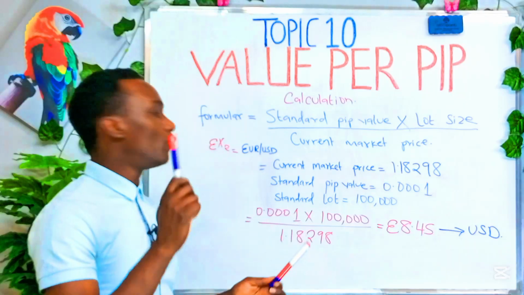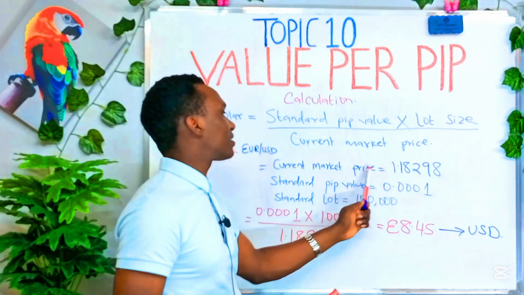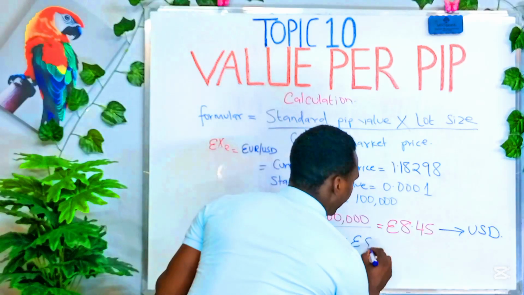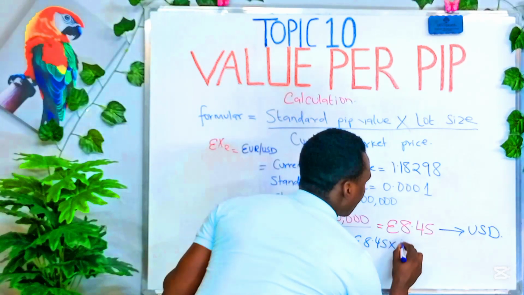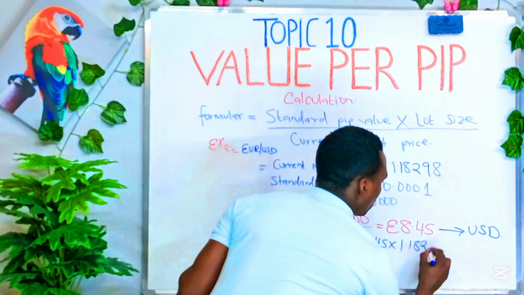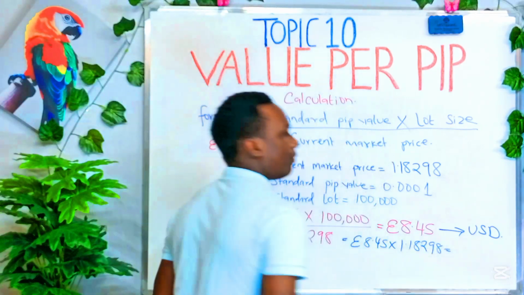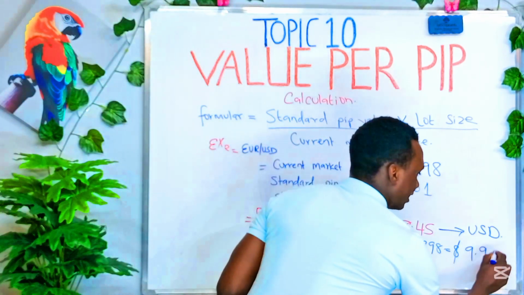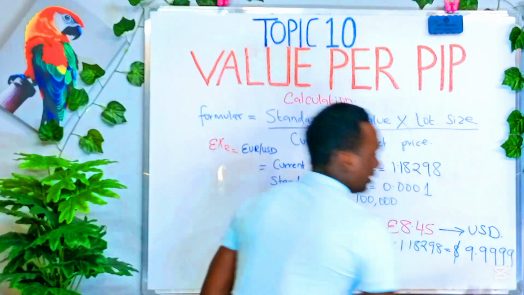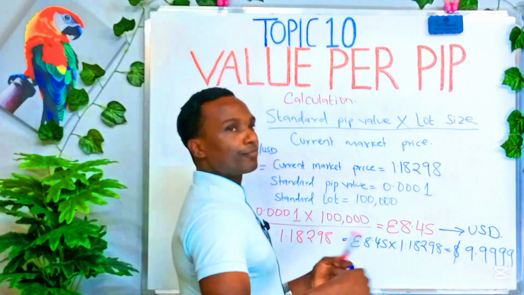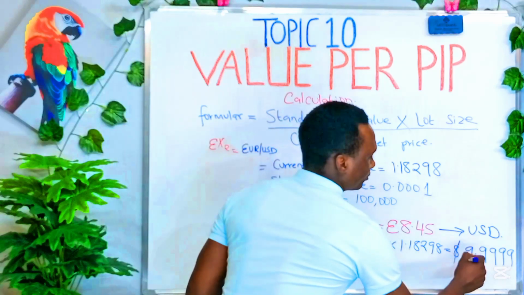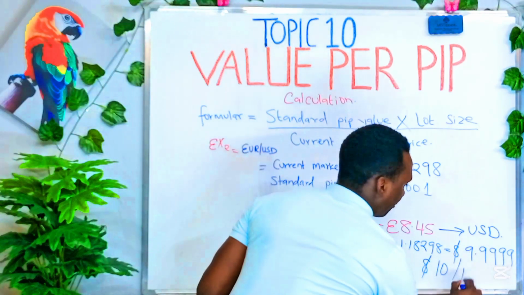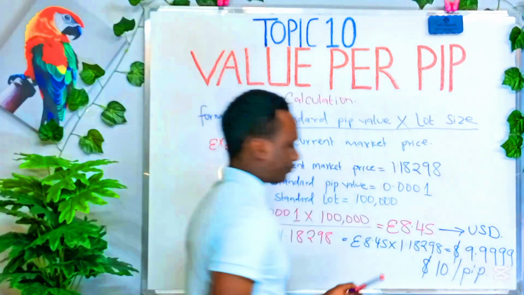You multiply this by the current market price. So it will be 8.45 euros multiplied by 1.18298. How many US dollars will we get? 9.9999. If you round this off, we get $10 per pip.